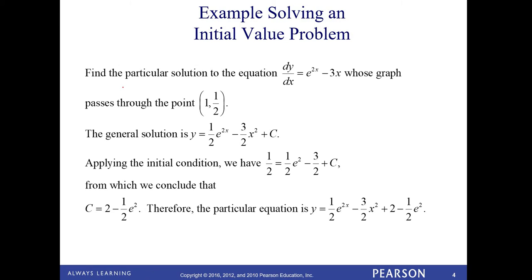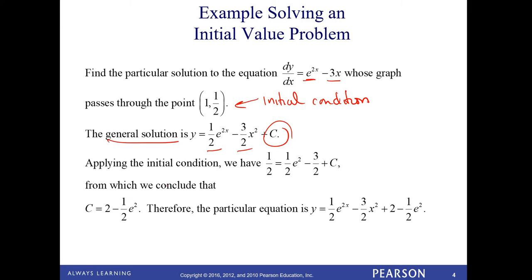So here's an example. Find the particular solution to this differential equation, dy/dx equals e to the 2x minus 3x, whose graph passes through the point (1, 1/2). This is our initial condition. So the general solution is the antiderivative of this function with our plus c.